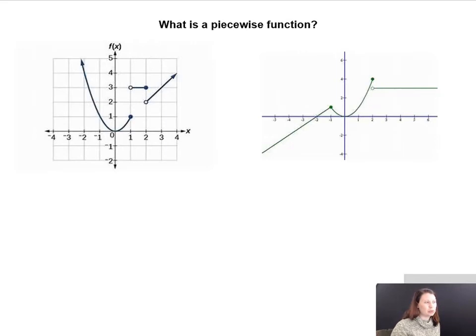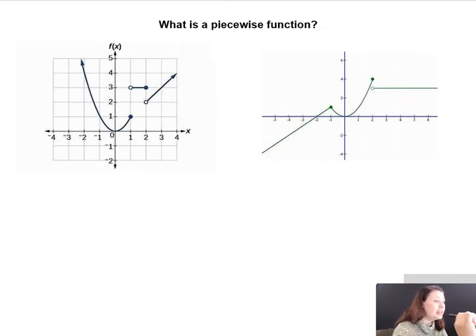So here are some examples. This first one, we see that it goes along, it doesn't have a full connection here. It stops right here, and then it jumps up to this little piece over here, and then jumps down to this line section. So this one's all broken up in multiple pieces.